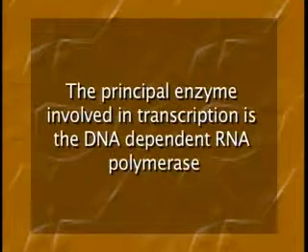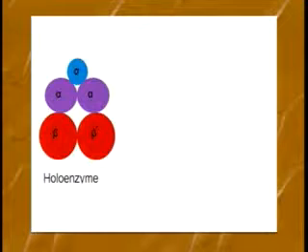The principal enzyme involved in transcription is the DNA-dependent RNA polymerase. To understand the transcription, it is necessary to learn more about the RNA polymerase. The bacterial RNA polymerase consists of 5 polypeptide chains, including 2 chains of alpha polypeptide, 1 chain of beta and beta dash, and sigma polypeptide.